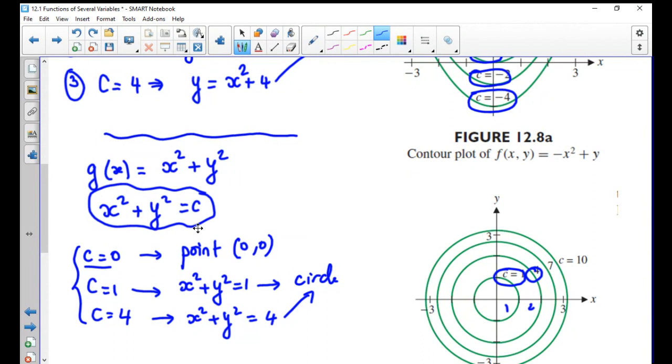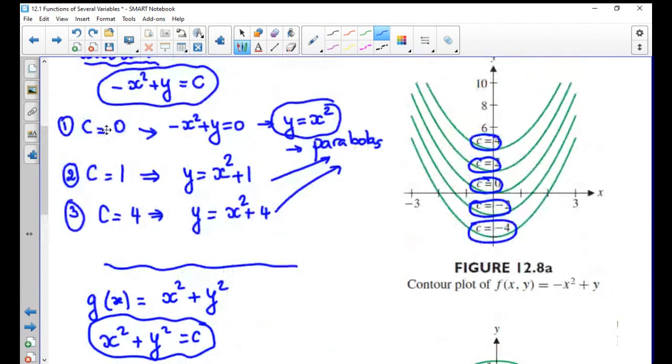Here, can you take c negative? No. Why the value of c cannot be a negative number? Because x squared plus y squared, can it be negative? No. Two squares together will not give you a negative.